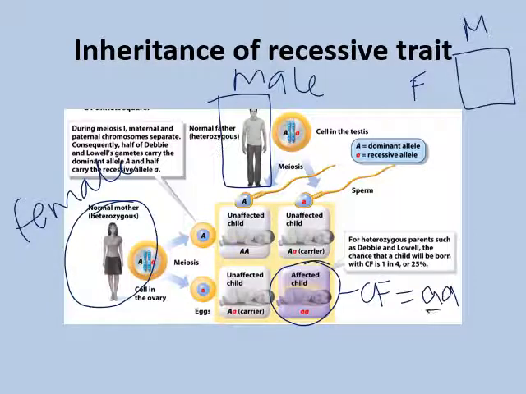Which means that they have to get a little a or a recessive allele from both mom and dad. So both mom and dad must be a carrier for it because that's the only way it can happen. So normally, if there's a dominant allele, you put that first. Okay, so both of them have to be carriers, so we know that they're big A, little a. So this is dad's genotype here. This is mom's genotype here.